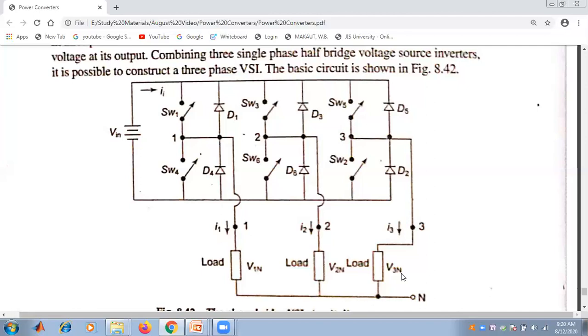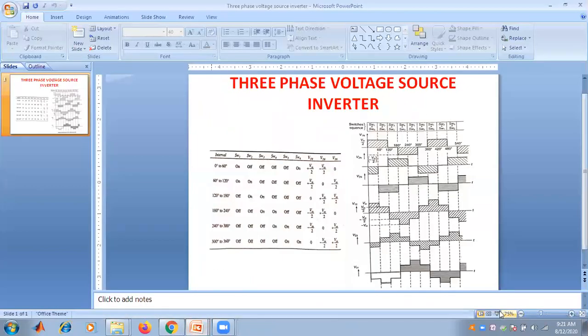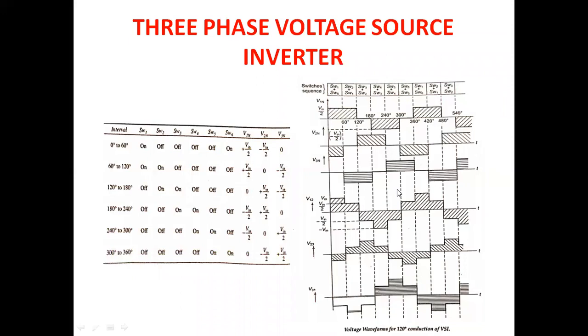Many combinations of switching sequences for the six switches are possible, but we will see a common combination of switching sequence for 120-degree conduction mode.